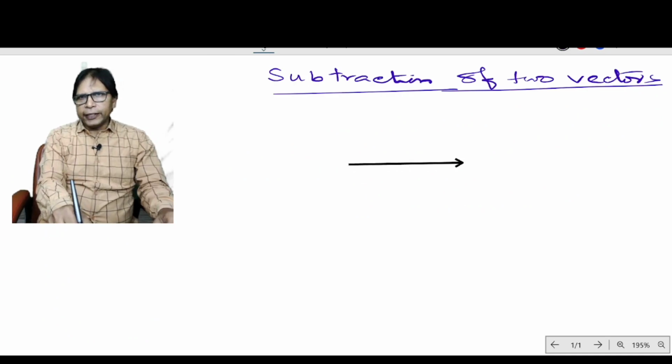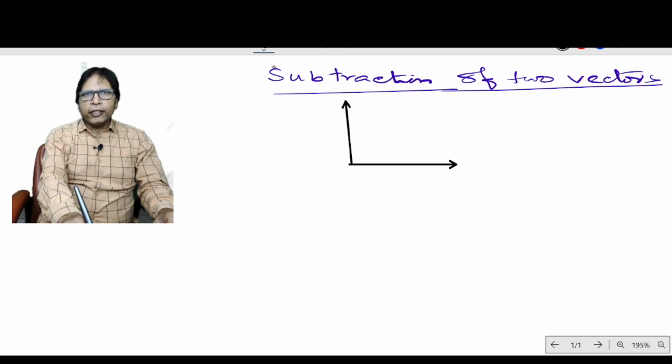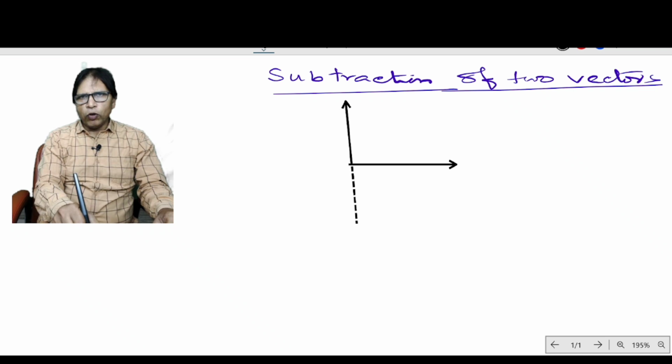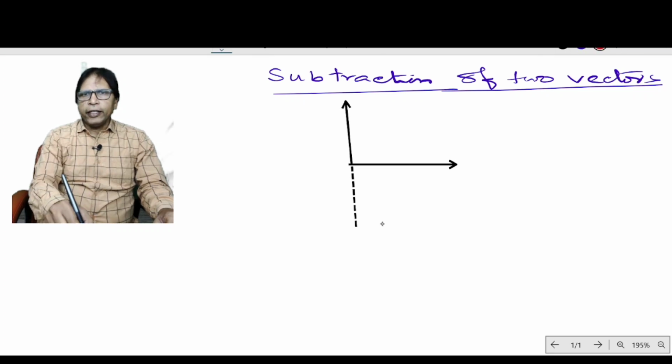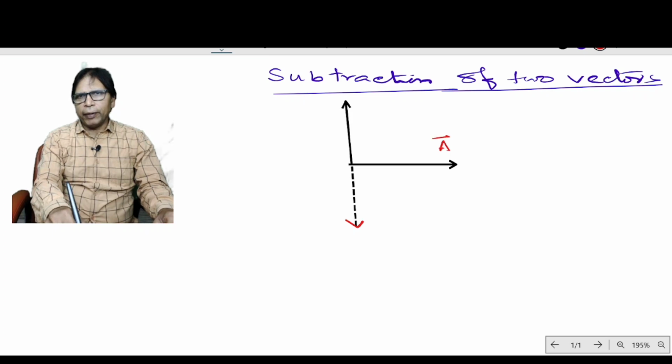Look at this, suppose this is the A vector, this is the B vector. Okay, and now B is projected in the opposite direction. This is the negative B vector. So look at this, this is the A vector, this is the B vector, and this is the minus B vector.